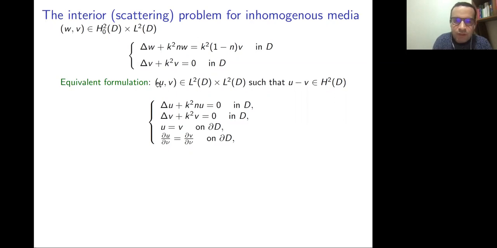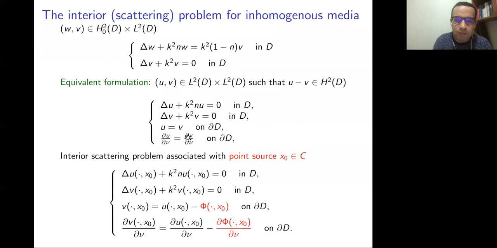The total field U will be the sum of W and V, and you can reformulate this problem as this coupled problem, coupled on the boundary. This allows me to introduce the interior problem, where we put data not only for U and V, but also for the normal derivative. Now the interior scattering problem amounts to solving this coupled problem inside the domain D.